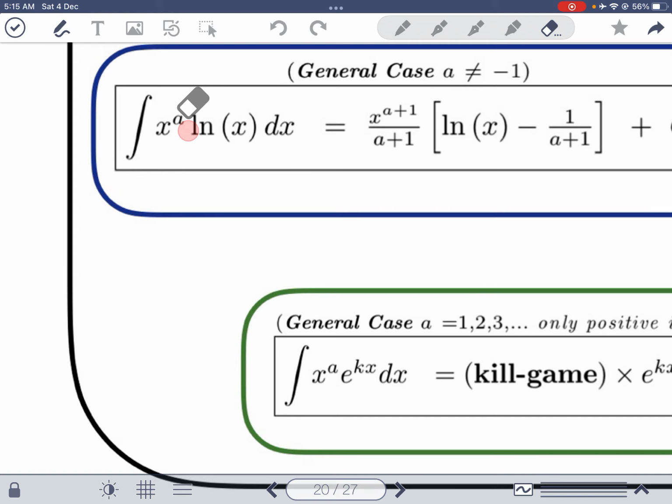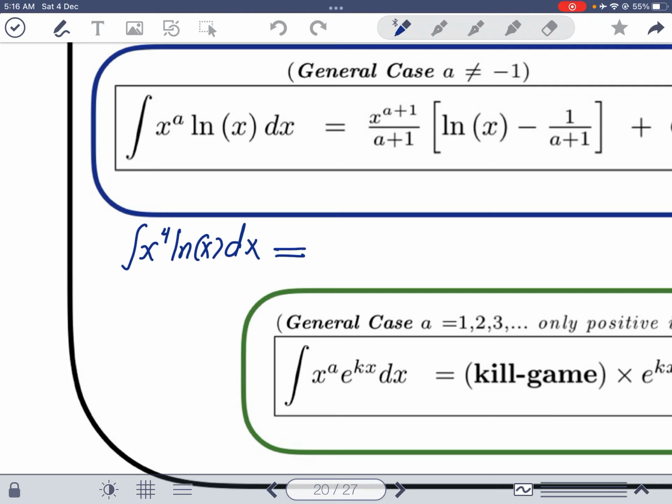If a equals 4, the integral of x to the 4 ln of x dx is integration by parts, but because we did this so many times and saw that there is a pattern, and there is a formula that covers all the cases, we use it.